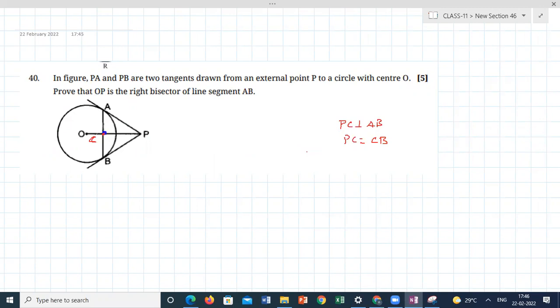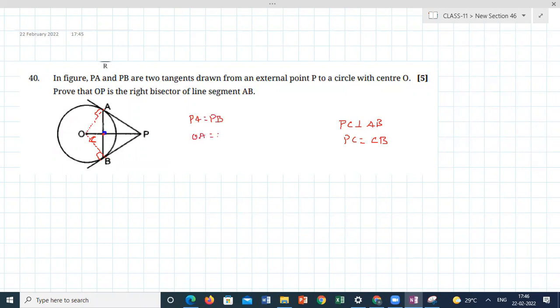I'm giving a clue. The construction is: join P to O and B to O. Join P to O and B to O. You know this is 90 degrees, this is 90 degrees, because the radius is always perpendicular to the tangent. With the help of these concepts, we already know PA is equal to PB, length of the tangents drawn from a single point is same.